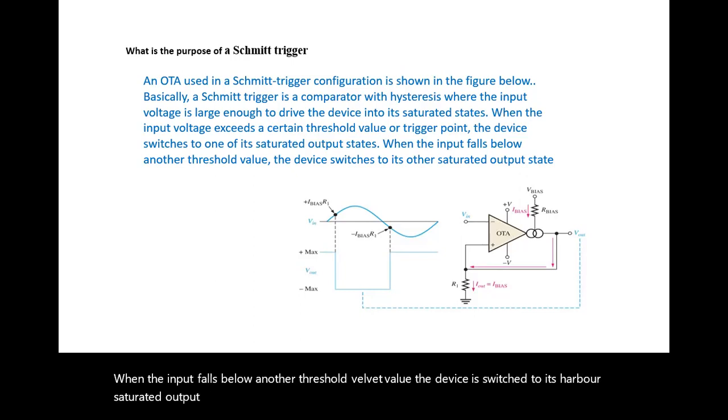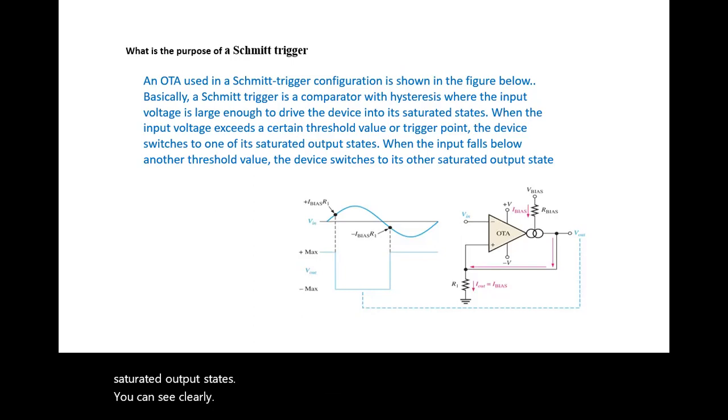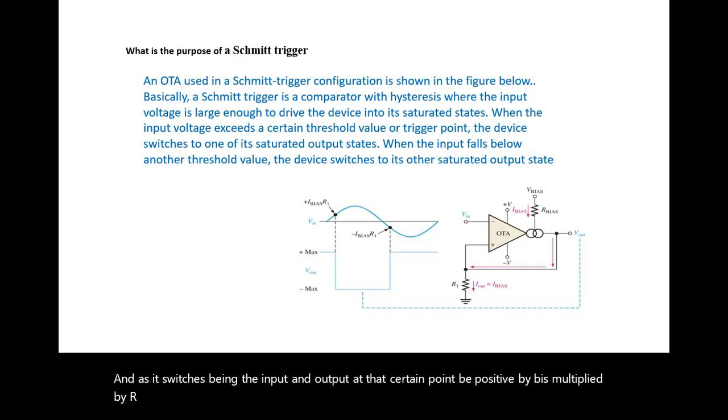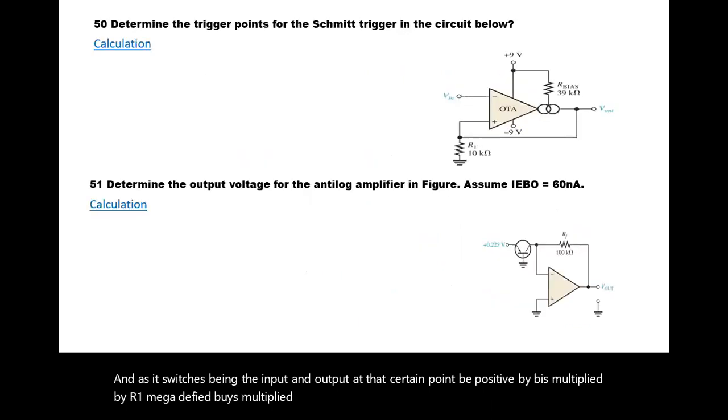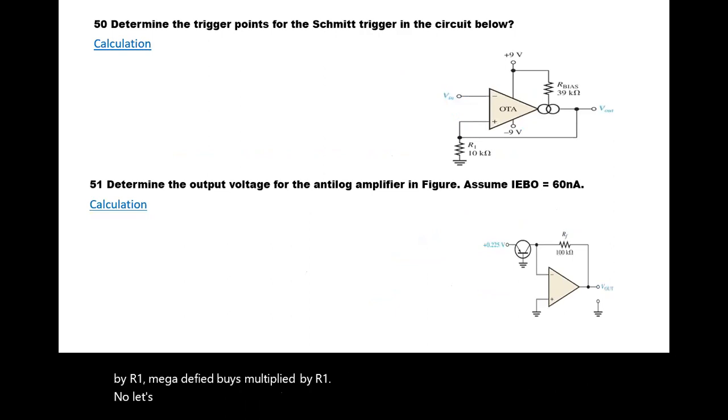Here you can see clearly the circuit diagram of the OTA, and as it switches between the input and output at that certain point, positive I bias multiplied by R1, negative I bias multiplied by R1. Now, let's determine the trigger point for the Schmitt trigger in the circuit below.